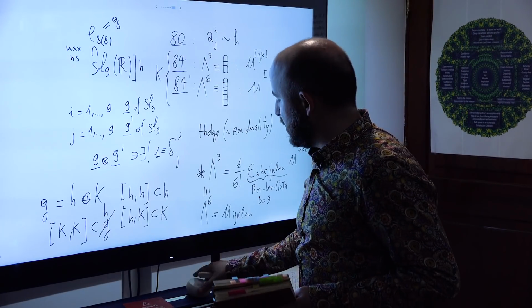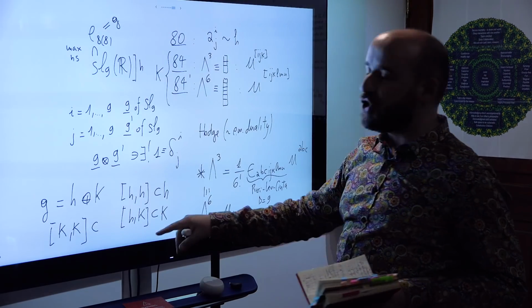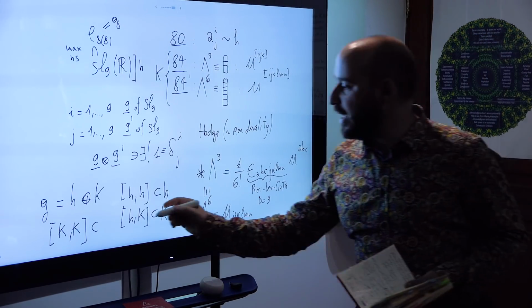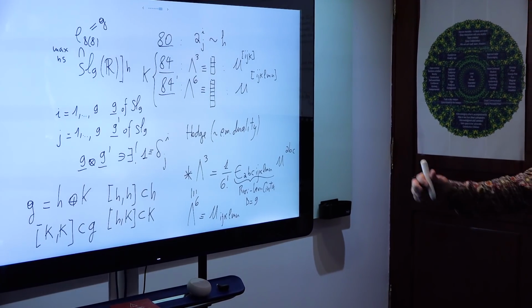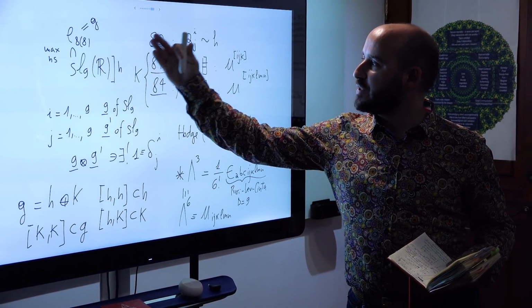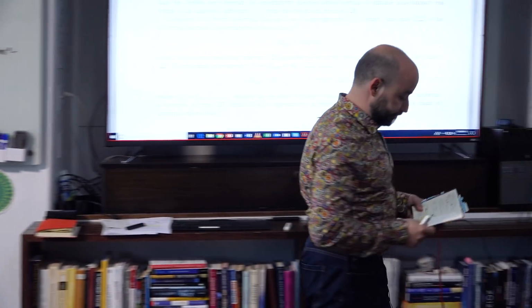But in this case, I will show you in a moment that they will actually have a non-vanishing projection on K, so in general, trivially, they are in G. This is essentially equivalent to saying that the corresponding coset is a non-symmetric coset.